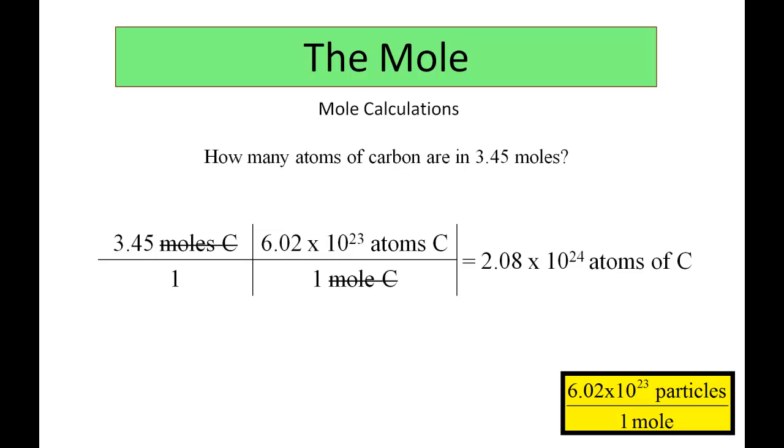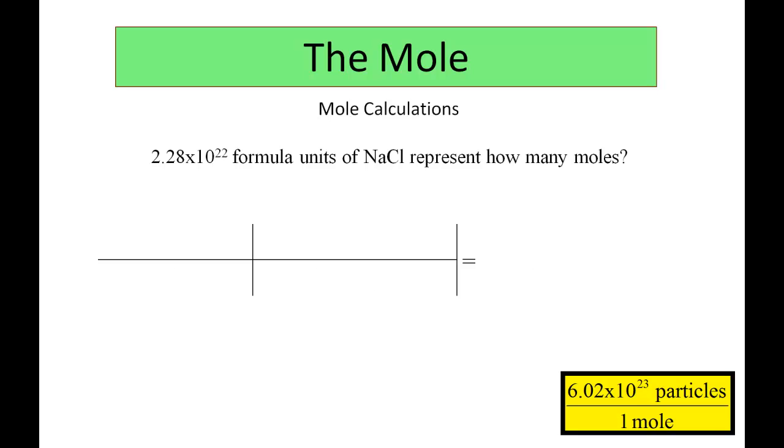Let's work the other way. If I had 2.28 times 10 to the 22nd formula units of sodium chloride, how many moles does that represent? So let's think. Formula units is a type of particle, and NaCl is a salt, so it makes sense. So I'm going to write that out. Notice I abbreviated formula units with FU. So I put 2.28 times 10 to the 22nd FU over 1, and now I have to convert it into moles.